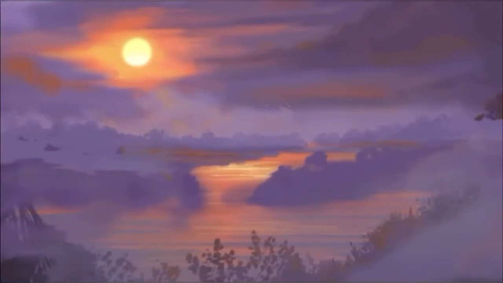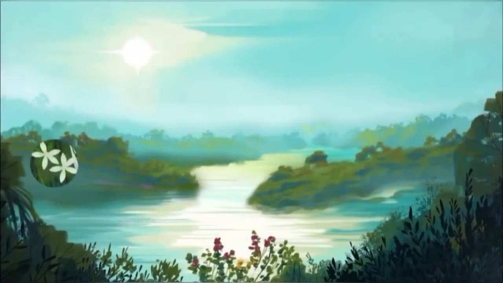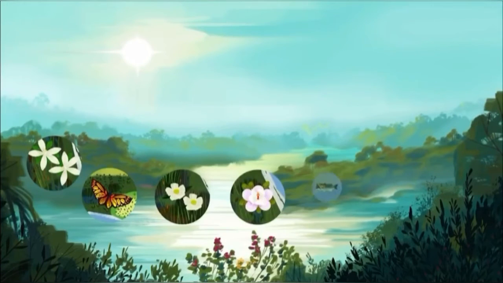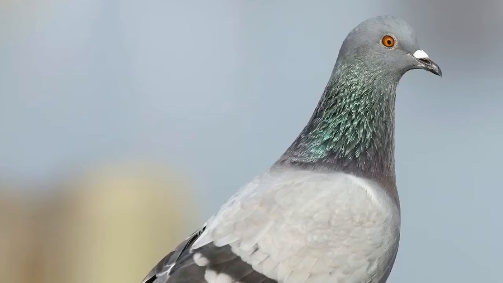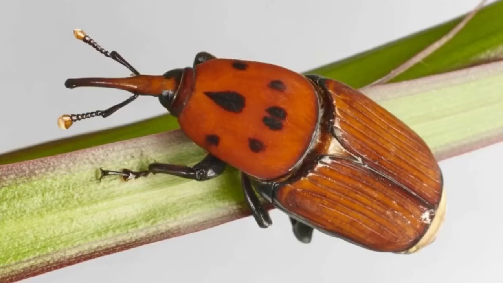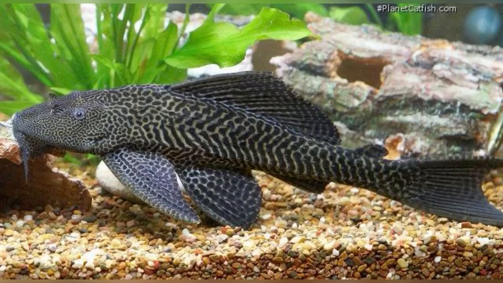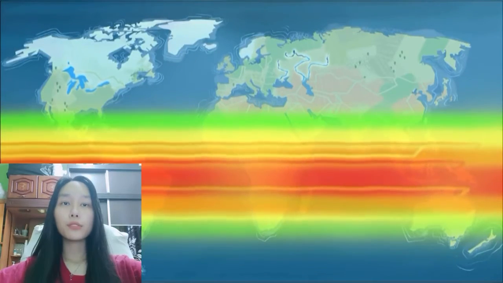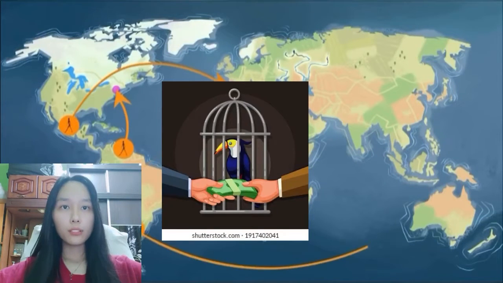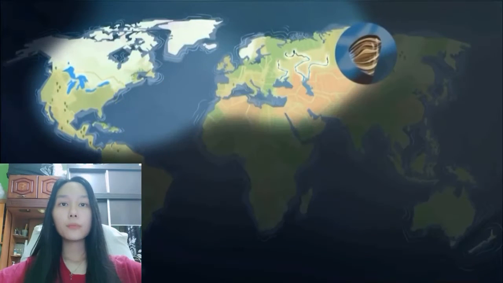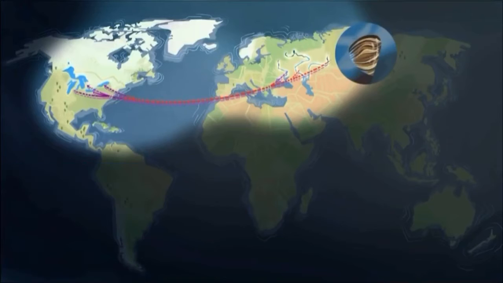There are a lot of types, but today we'll only talk about 5 invasive species in Malaysia. They are red ear slider, water hyacinth, rock pigeon, red palm weevil, and sucker-mouth armor catfish. All these species are introduced in Malaysia, but in different ways. Some are pet trade, some are deliberate release, and commonly are spread by human activities.